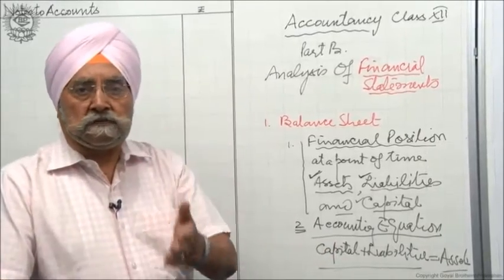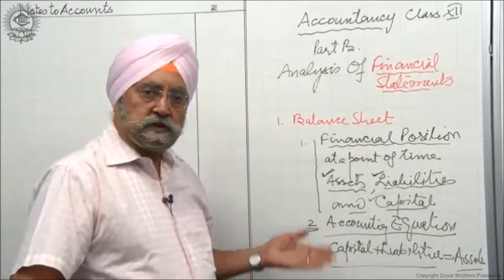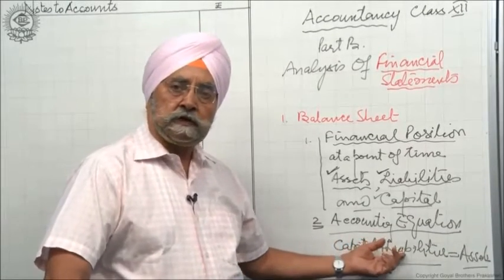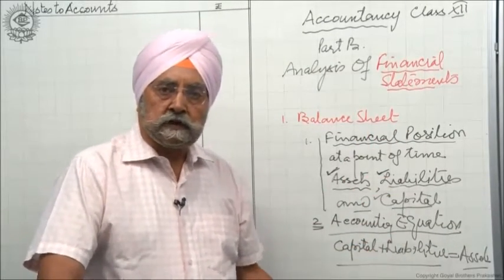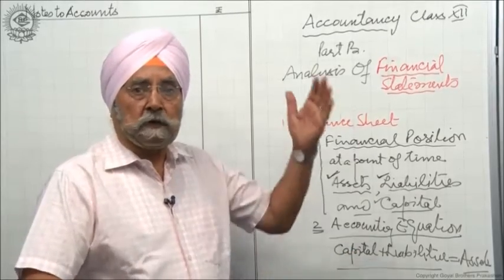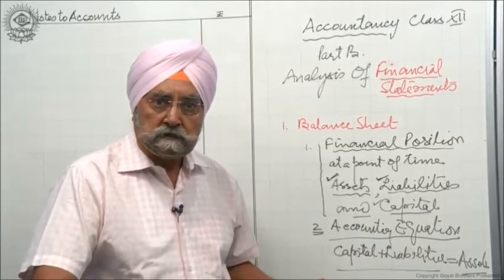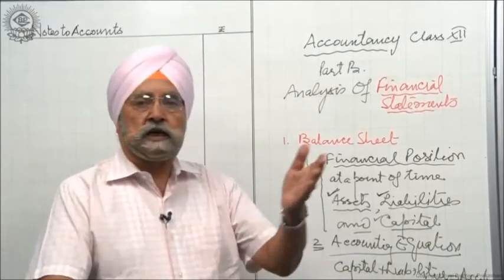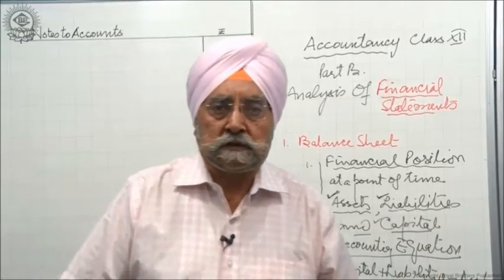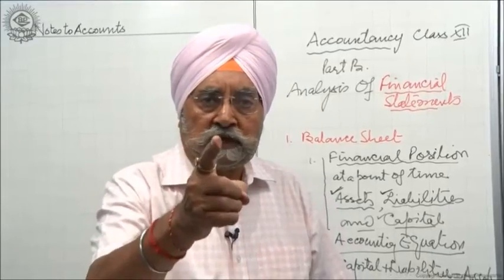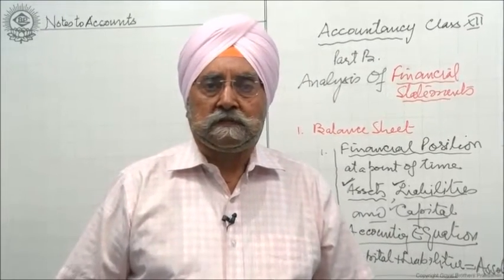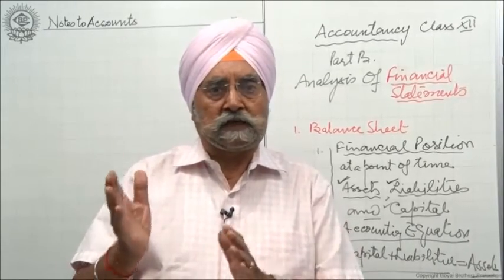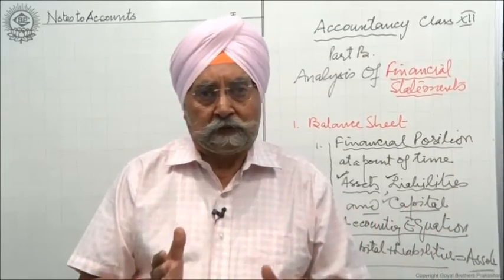Balance sheet itself actually is an equation, because on one side it shows capital and liabilities, and on the other side it shows assets. One part of the balance sheet shows capital and liabilities, the other part shows assets, and their totals are equal. Because the equation itself says that assets are equal to capital and liabilities.